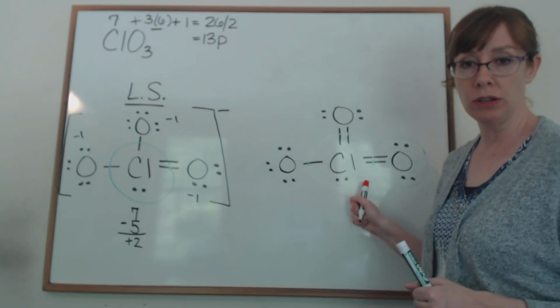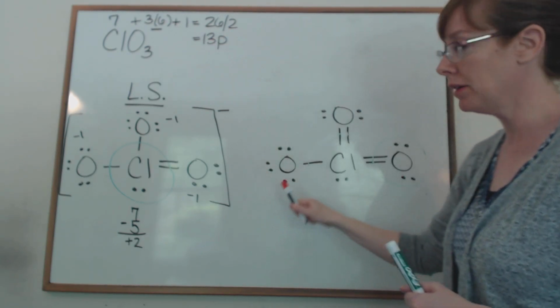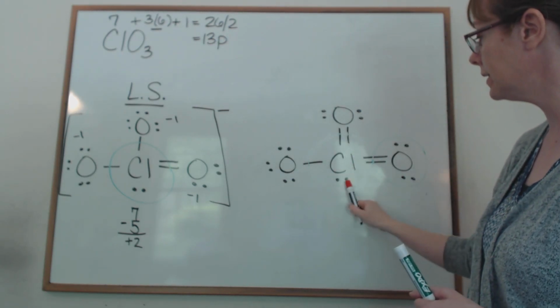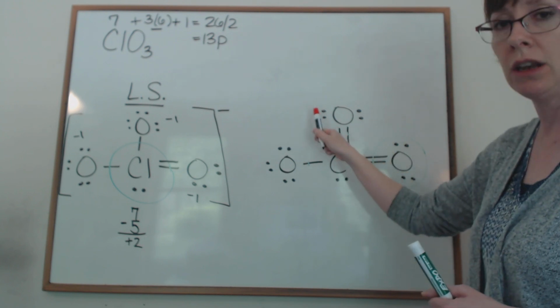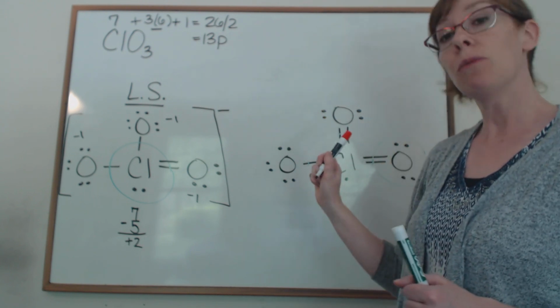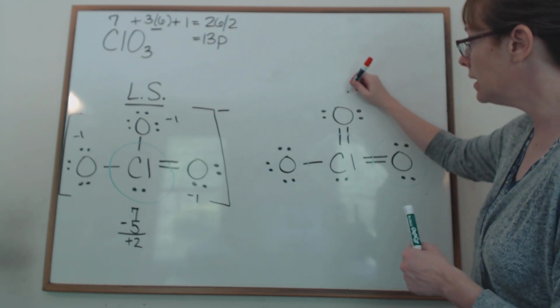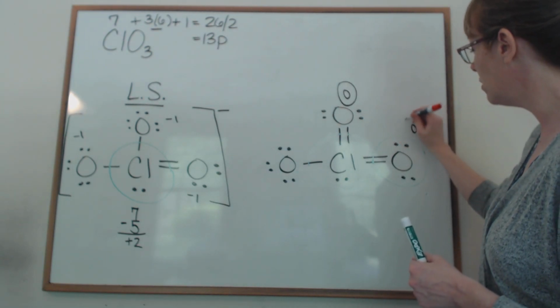With this Lewis structure, still 13 pairs. But this time when I look at the formal charges, this one is 0, this one's 0.